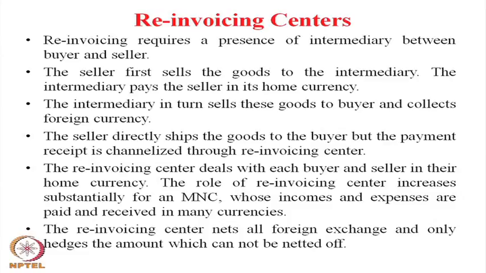He is not directly selling to the party, but indirectly selling through the intermediary, and the intermediary makes the payment in domestic currency to the seller. The intermediary in turn sells the goods to the buyer and collects the foreign currency.